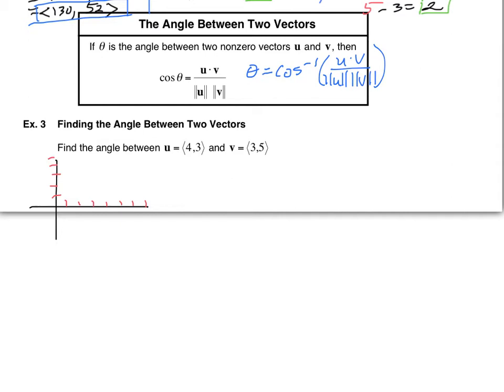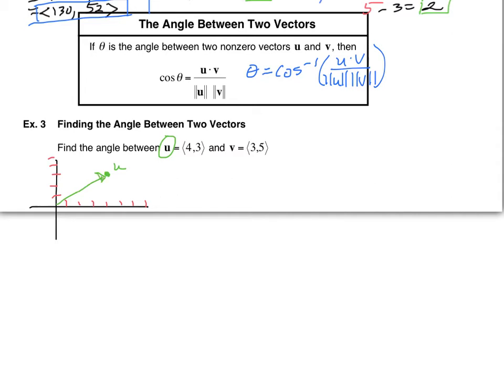I'm going to let vector u be green, and it goes to (4, 3), so it's right about here. I'll just call this u. So there's my vector u.